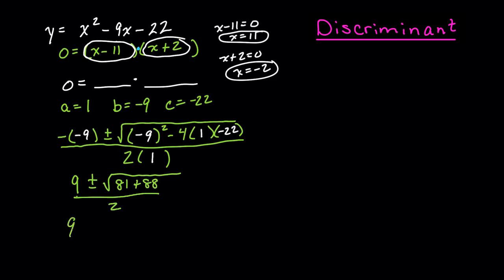All right, so now we come down to 9 plus or minus the square root of 169. The square root of 169 comes out evenly to be 13.